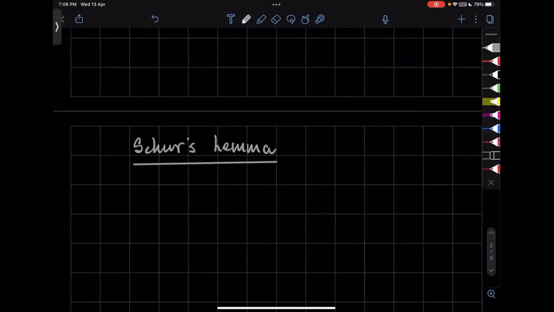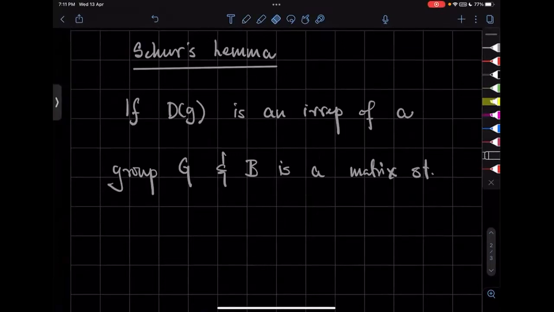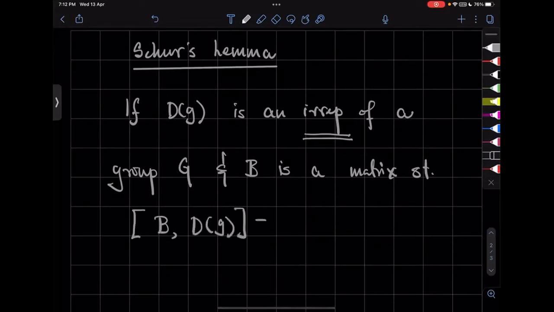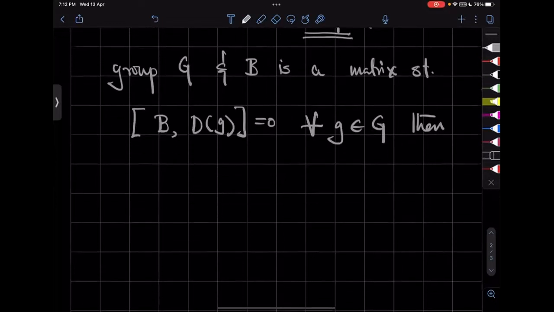Schur's Lemma says: if D of G is an irreducible representation, and that's something you'll quite often find shortened to "irrep", which is a mouthful, of a group G, and B is a matrix such that the commutator of B and D of G is 0 for all G in the group, then we can conclude that the matrix B is proportional to the identity matrix.